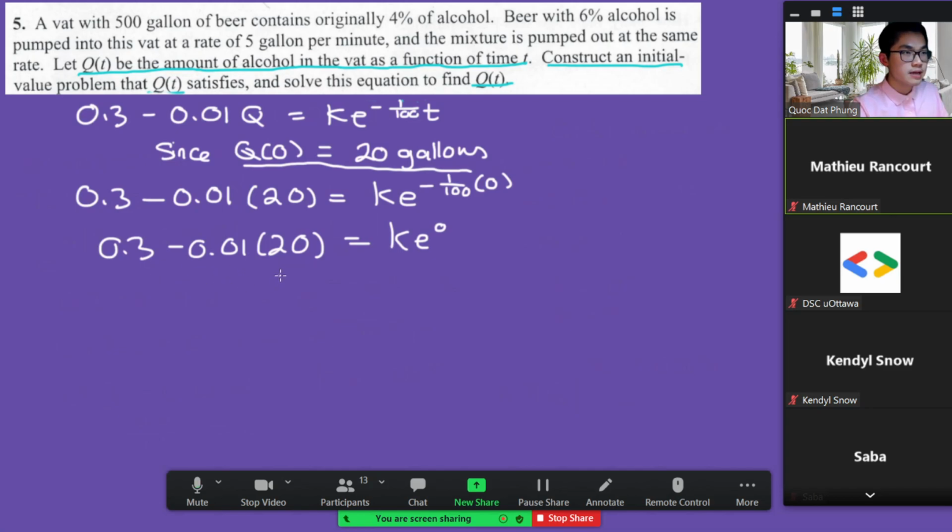This means that K is 0.3 minus 0.2, which is 0.1. So now we know that K is equal to 0.1.